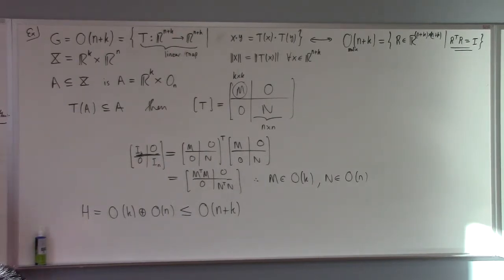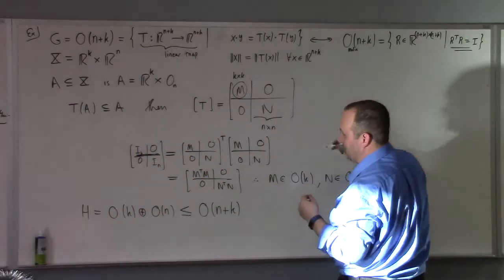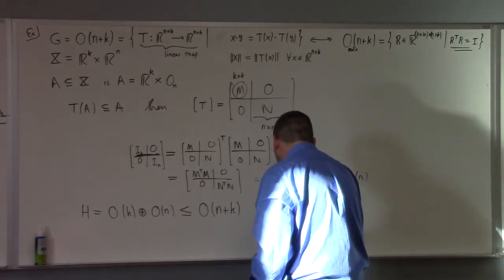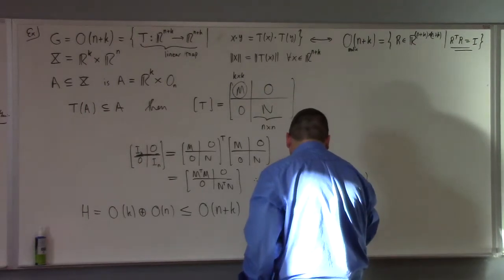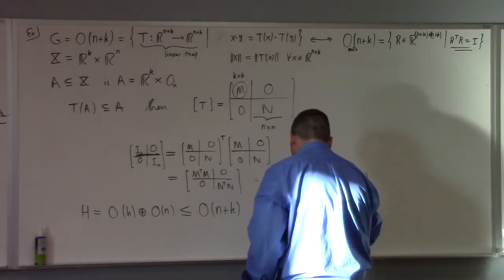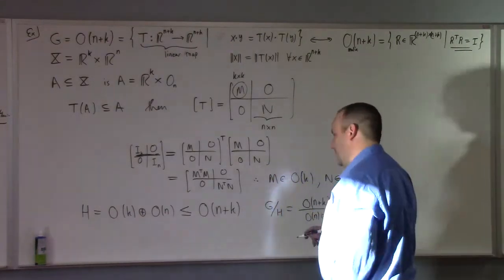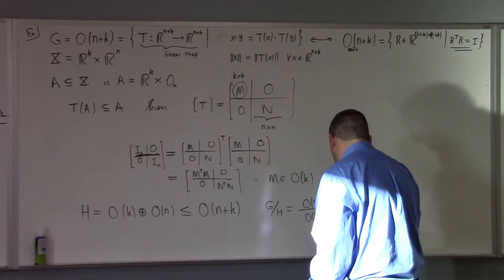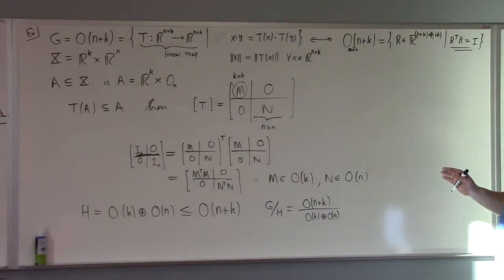So what's that look like here? What does G mod H look like? So we're doing what? O_(n+k) mod O_n plus O_k, or excuse me, other way around, O_k plus O_n is what I want. So that's the homogeneous space, right?